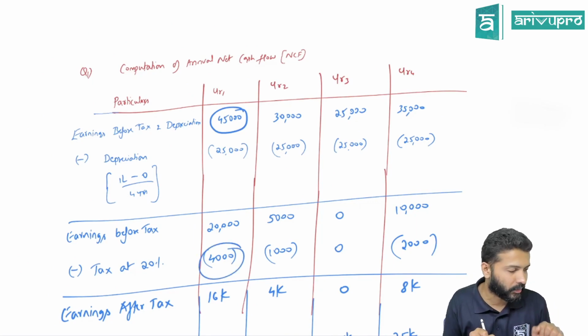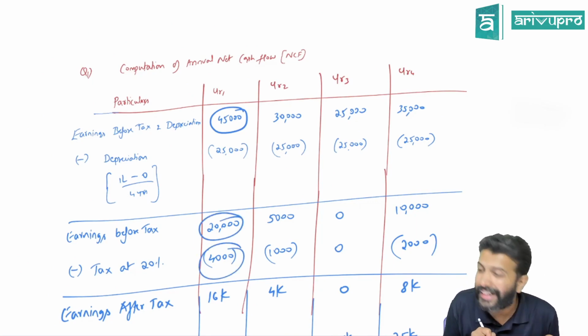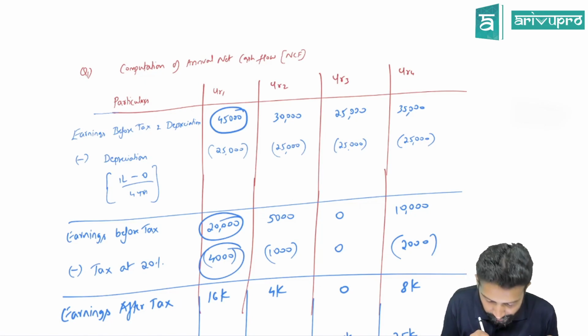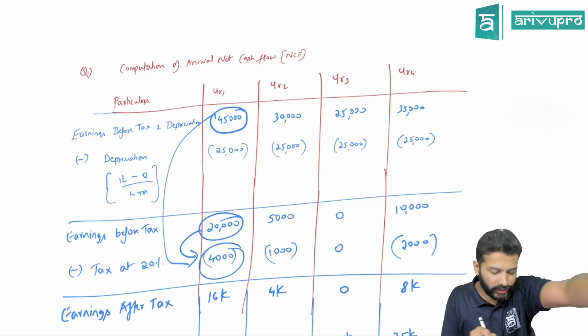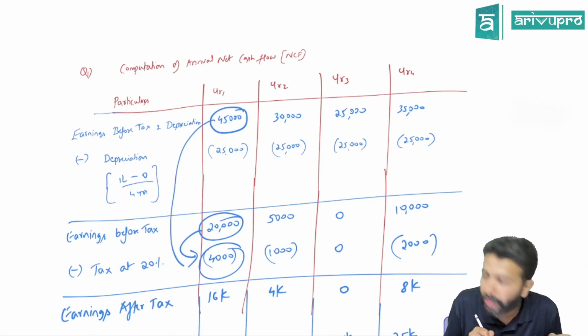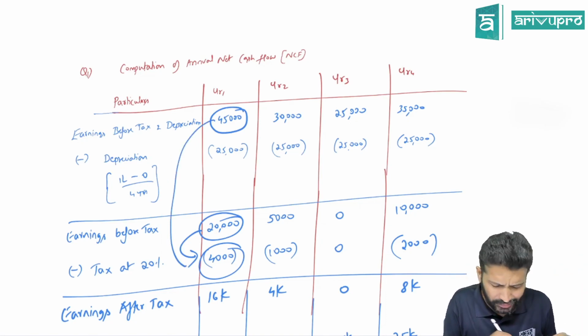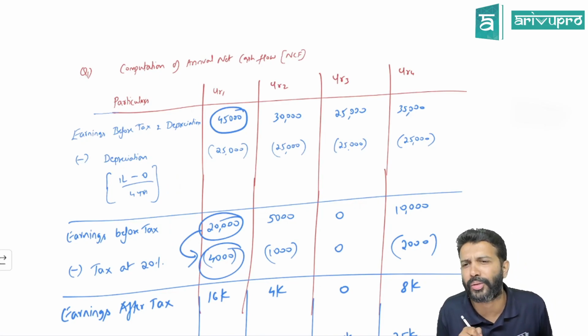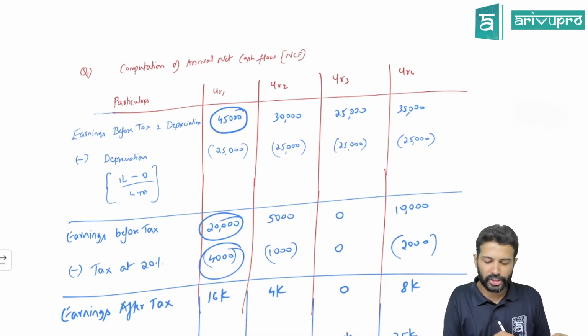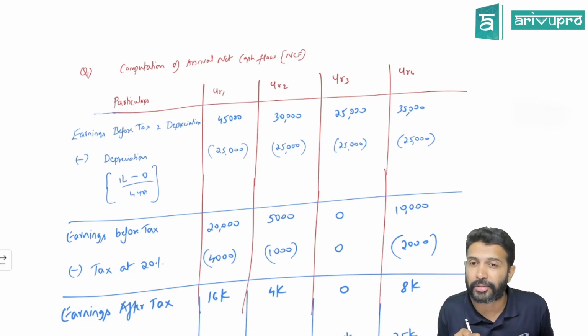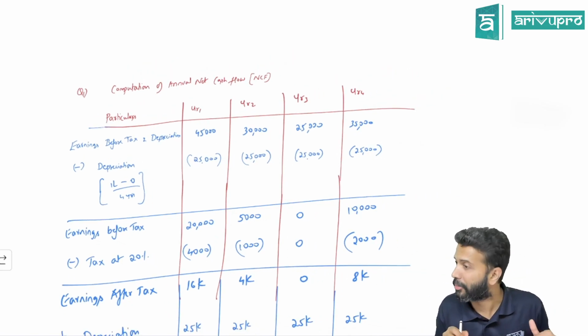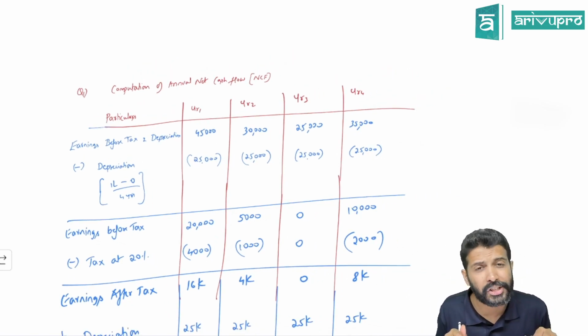On which number did you calculate tax, 45,000 or 20,000? 20,000. If you don't deduct depreciation, you're supposed to pay tax on 45,000. Will anybody pay tax on 45,000 or 20,000? So on depreciation, you get some tax benefit. It may be a non-cash expenditure, but still it is an expenditure, and on expenditures you do get some tax benefit.